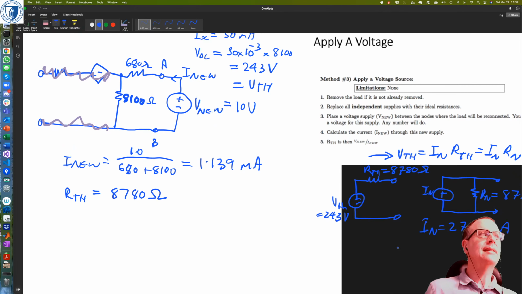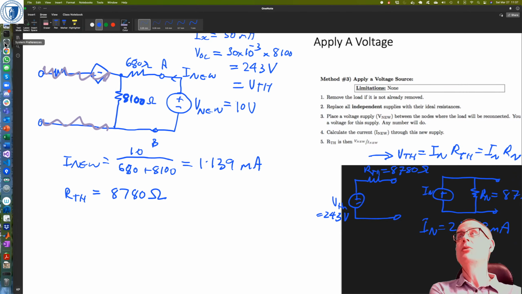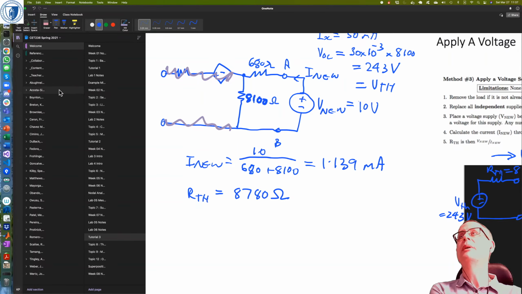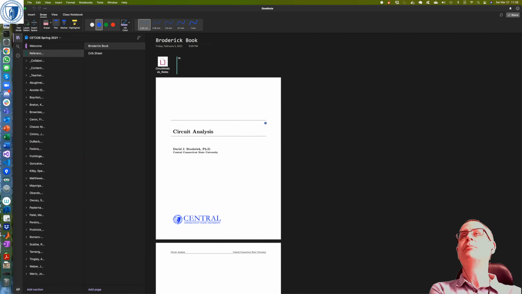So that's tutorial 3. What I might do is put together some more example questions. In fact, I might have older exam papers that might help with getting some more examples of this. I also highly recommend going into Professor Broderick's book.